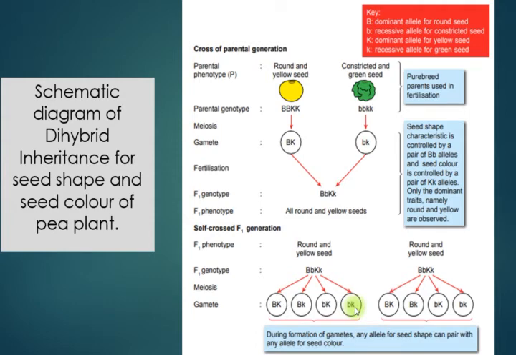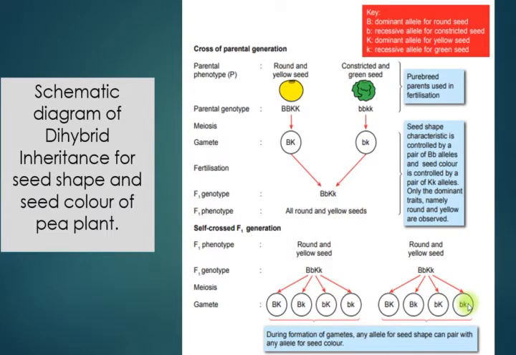These are the gametes produced after meiosis occurs. And also for the second plant: big B, big K; big B, small k; small b, big K; and small b, small k.